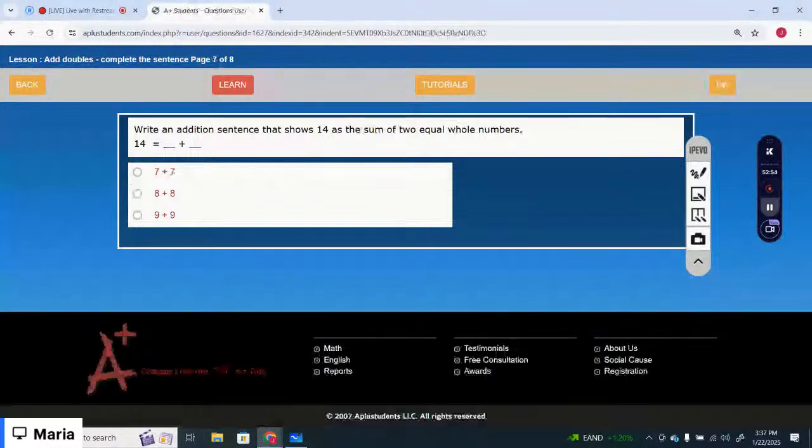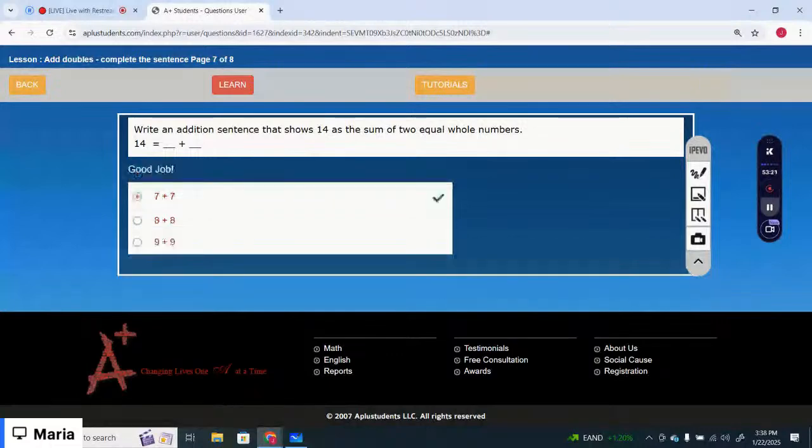Write an addition sentence that shows 14 as a sum of two equal whole numbers. That is 7 plus 7 makes 14. Option number 1 is the correct option.